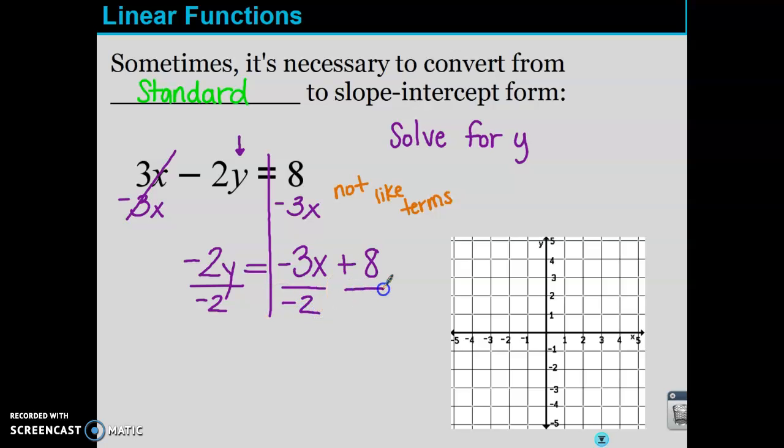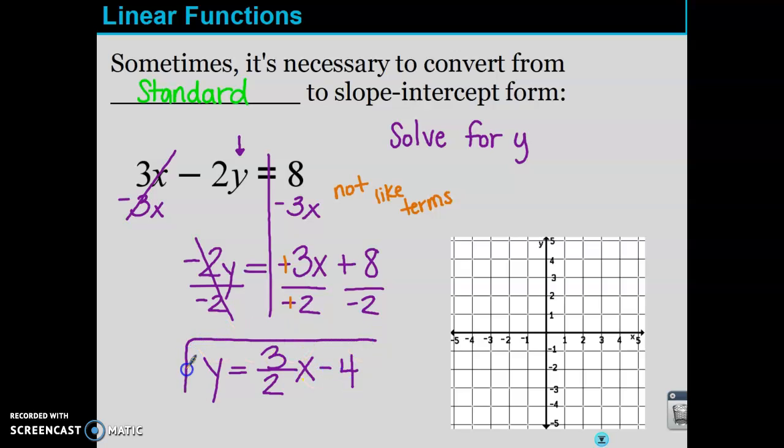So divide everything by negative 2 to cancel and get y equals mx plus b form. Notice that 3 over 2 is not going to divide evenly, but you do know that a negative divided by a negative is a positive, so now our slope is positive 3 over 2, so up 3 over 2, and then minus 4 as our y-intercept.